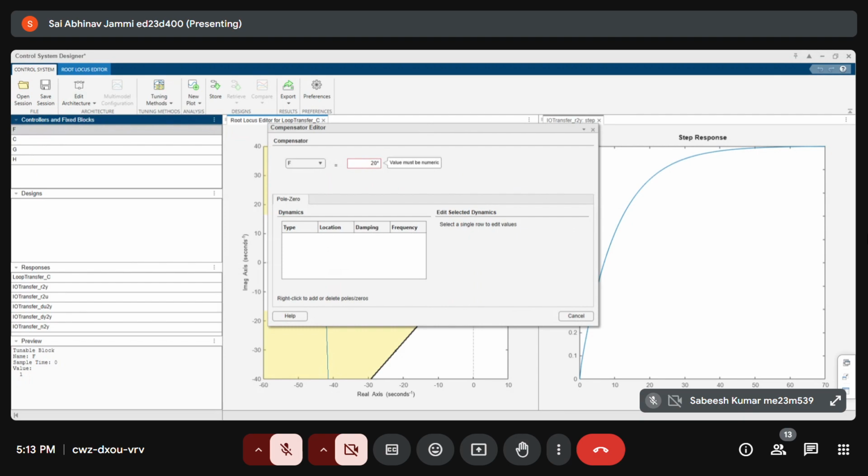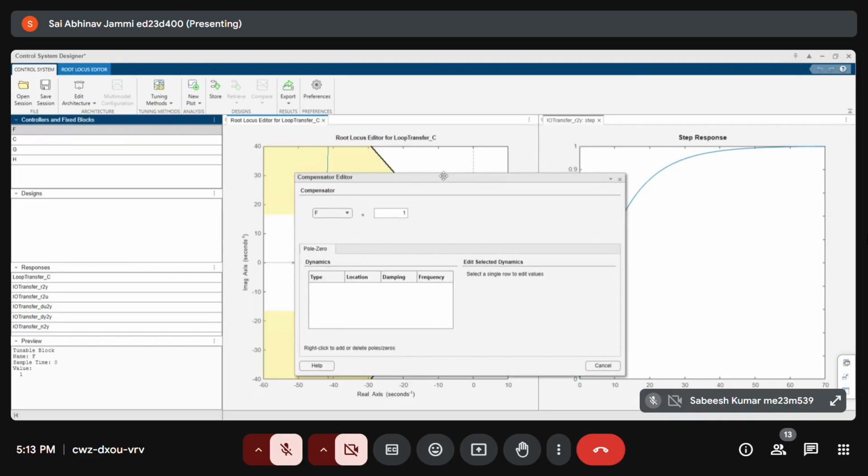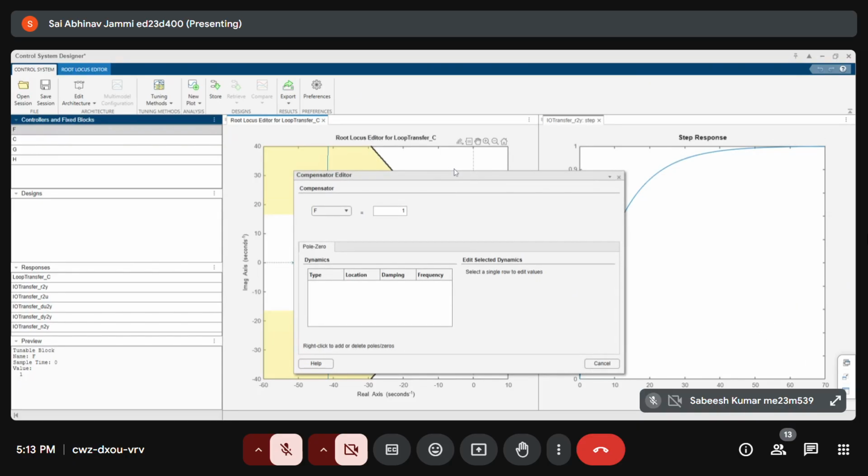Okay, so it won't calculate. Here you'll put the value in radians. So I'll convert it.